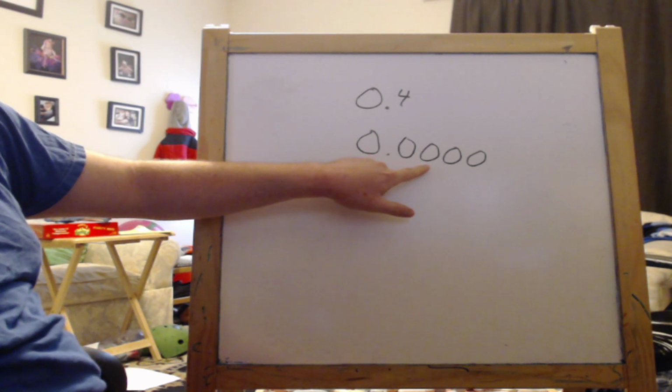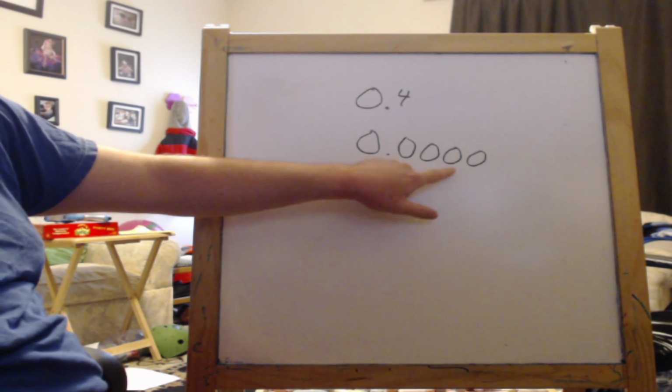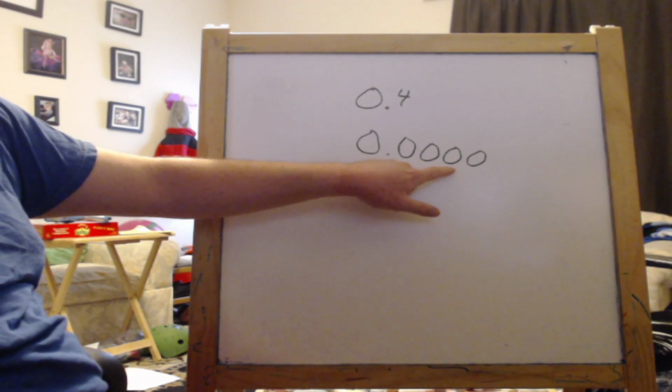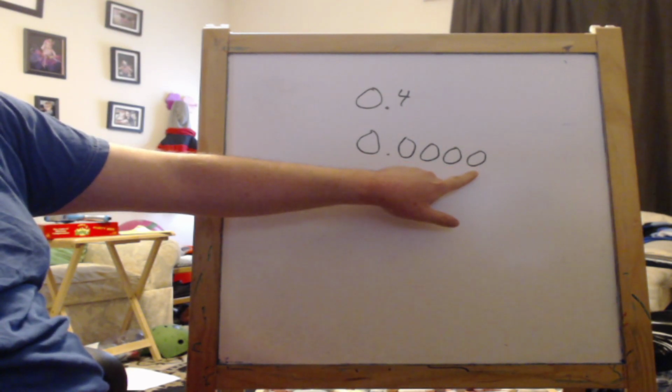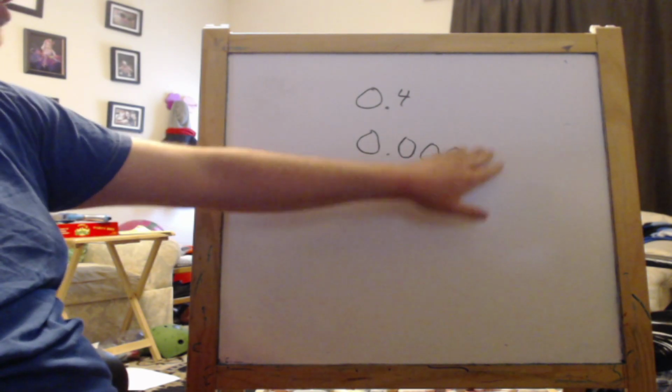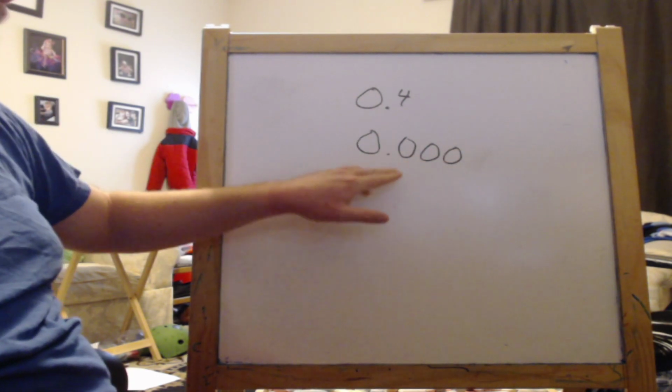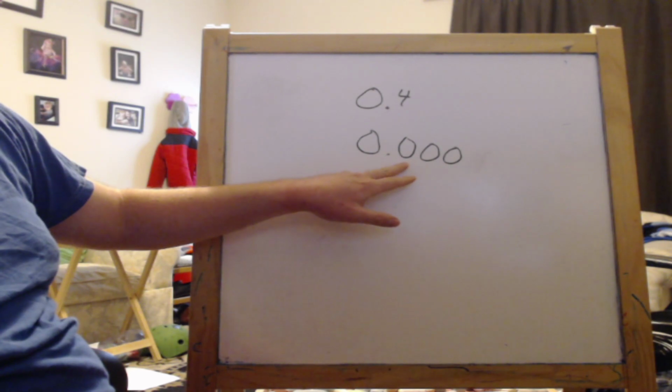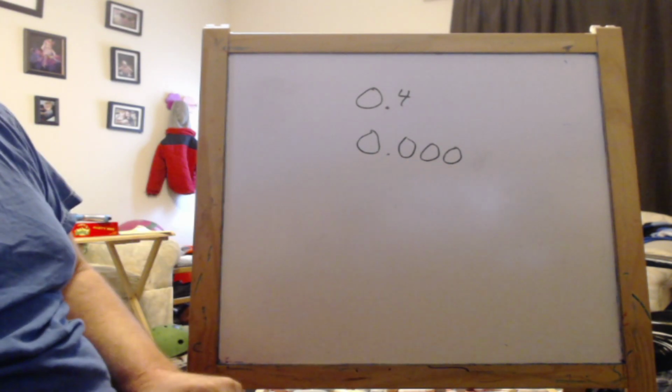The second number after the decimal is hundredths. The third number after the decimal is thousandths, and then we would get into 10,000s, 100,000s, millionths. But really, we would just focus on the tenths, hundredths, and thousandths.